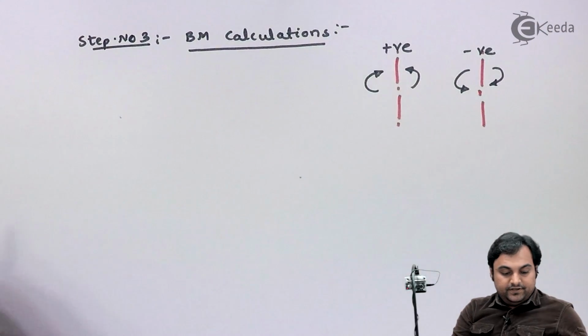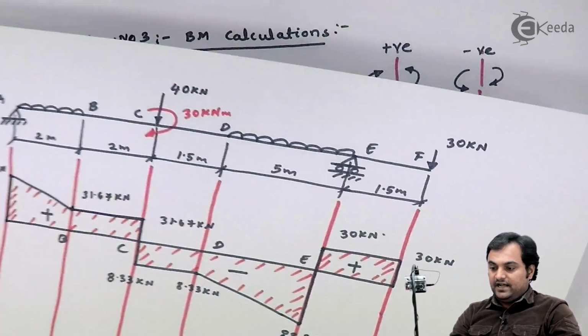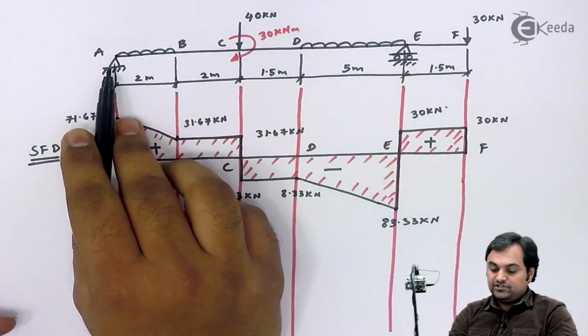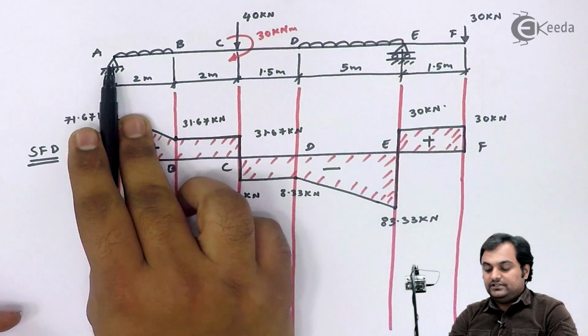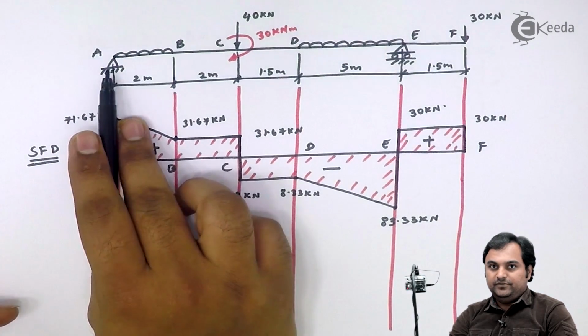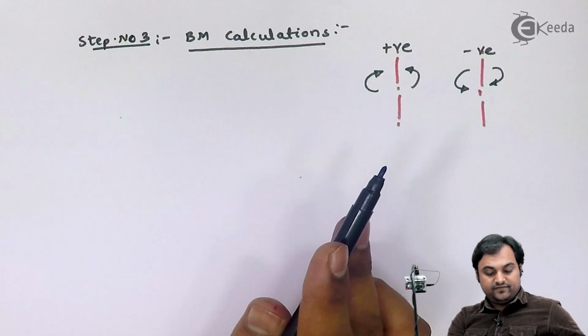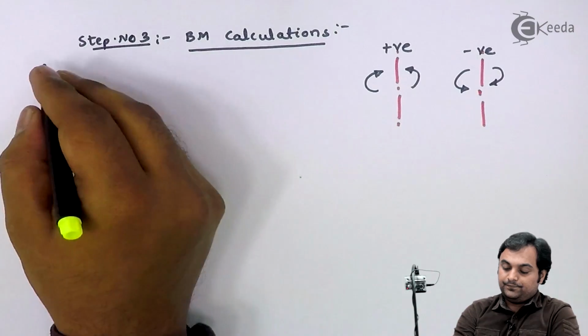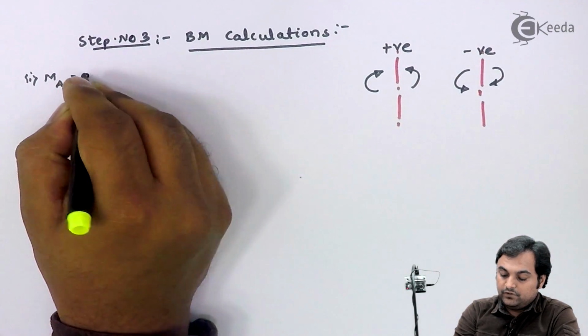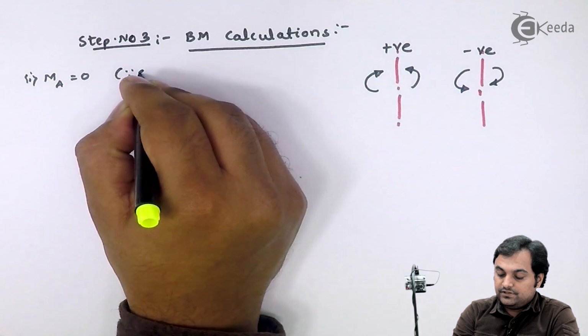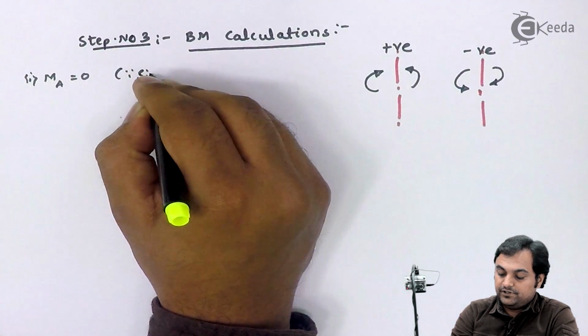So here I can say, since we have this beam which is supported at A and free at F, so at the support the bending moment will be 0. So here I have, first of all, moment at A is equal to 0 since it is simply supported.